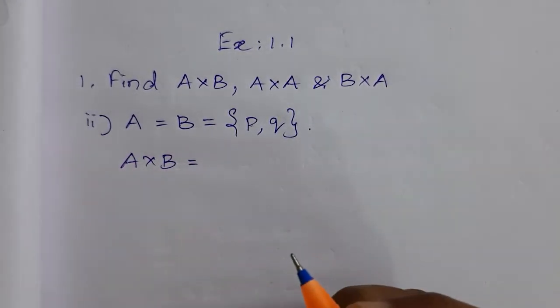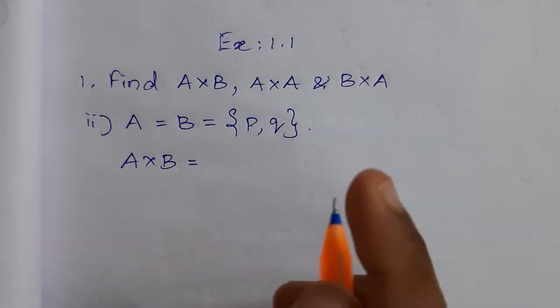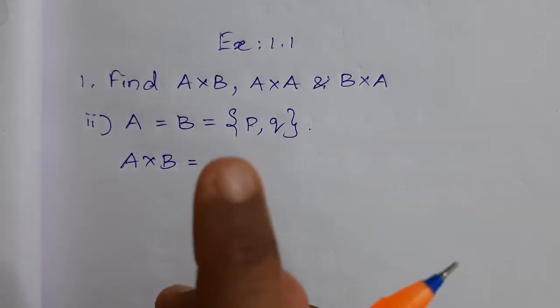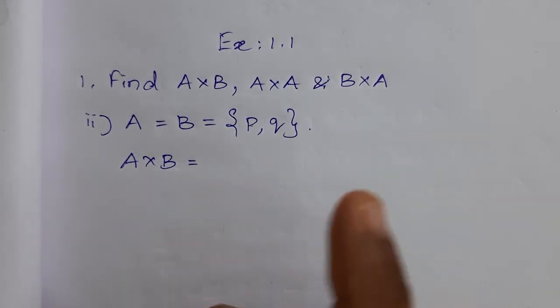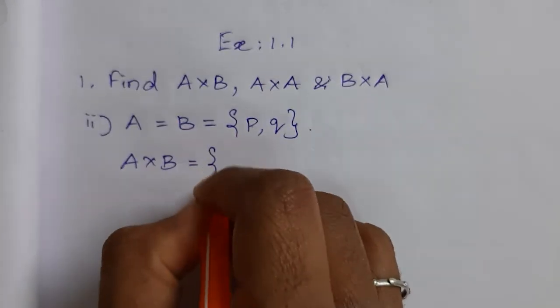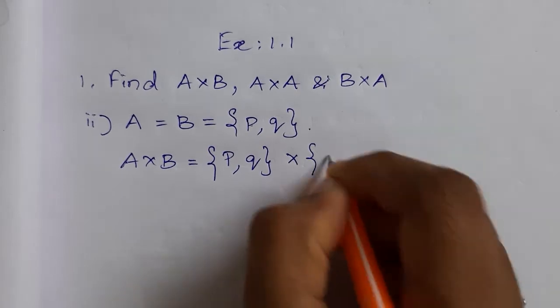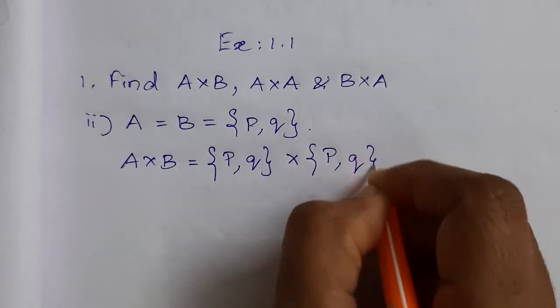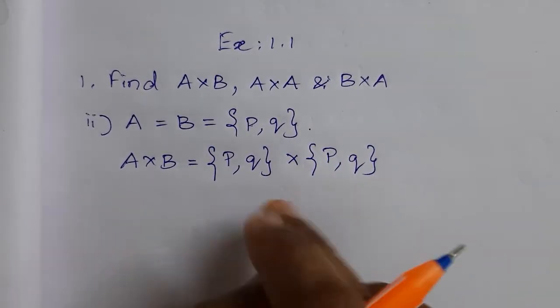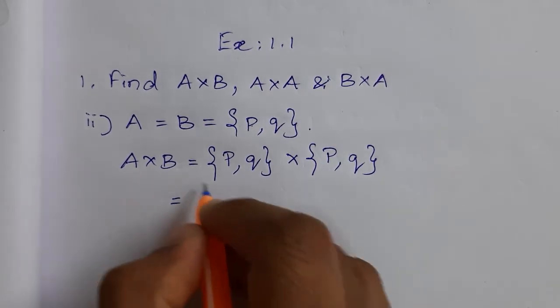As I told you, A cross B is nothing but writing the elements of both the sets in ordered pairs. So first let's write A is {P, Q} cross B is {P, Q}. Now we are going to write these two sets in terms of ordered pairs.